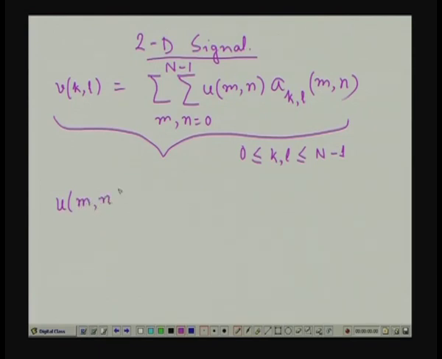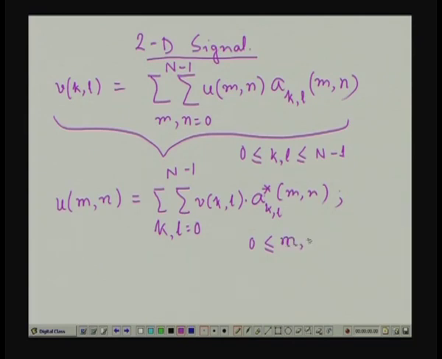So, you can write u m n again is equal to double summation V k L into A star k L m n, where both k and L will vary in the range 0 to capital N minus 1, and this we have to compute for all values of m and n in the range 0 to capital N minus 1.